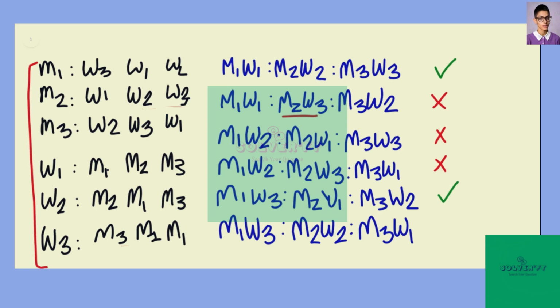Okay, and in this situation, we get that male 3 prefers woman 2 over woman 1, and woman 1 is going to prefer male 2. Okay, so this one is unstable as well. So only two of these pairs out of the 6 were stable.